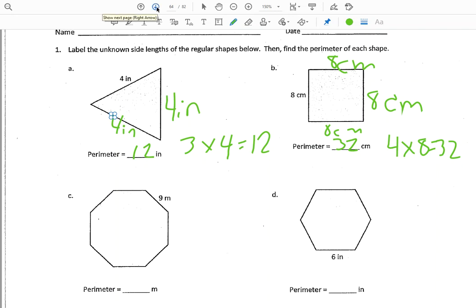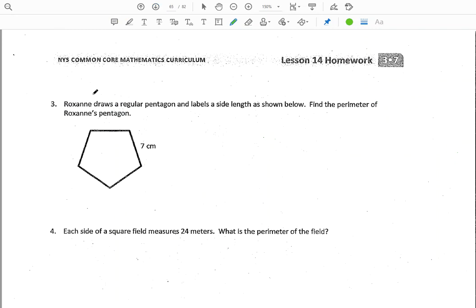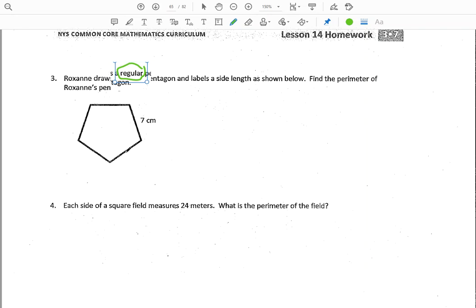Easy peasy, right? So, it says Roxanne draws a regular pentagon. This word regular means all the sides are the same. And labels the side length shown below. Find the perimeter of Roxanne's pentagon. So, if all the sides are the same, you would add up all the sides or multiply 7 times 5, right?